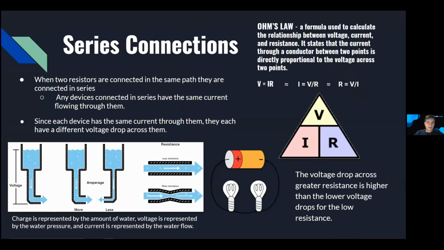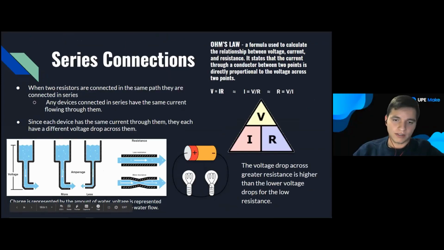In a series connection, you have your battery and then two bulbs or resistors that are in the same path. Whenever you have two components connected in the same path, the current is always going to be the same between those two components.